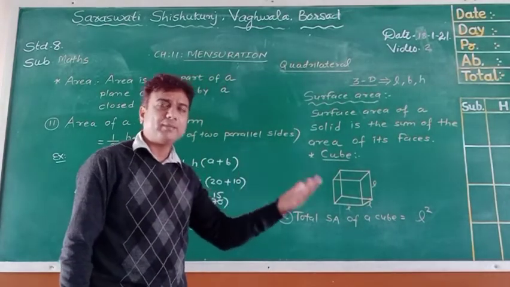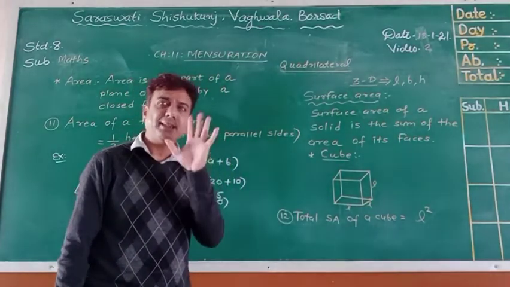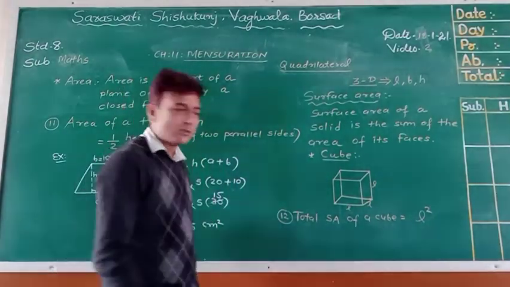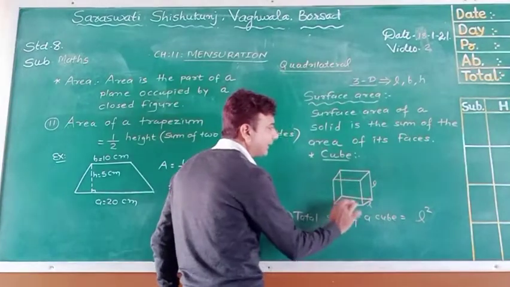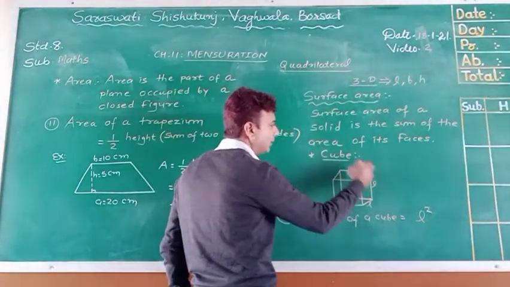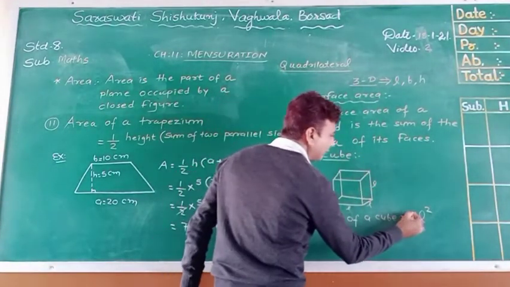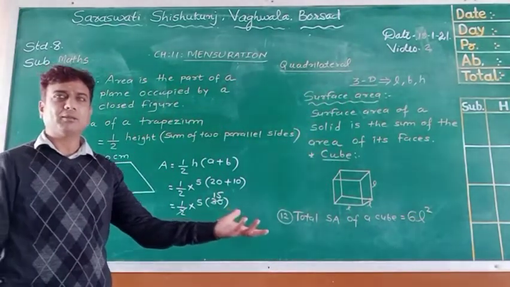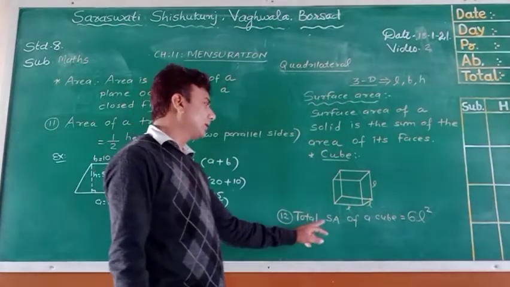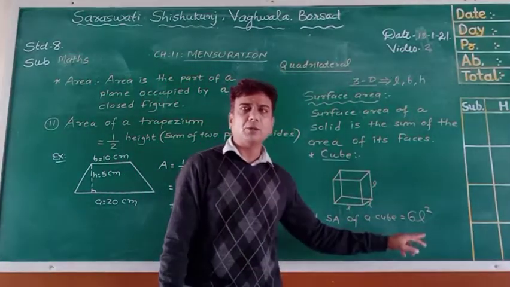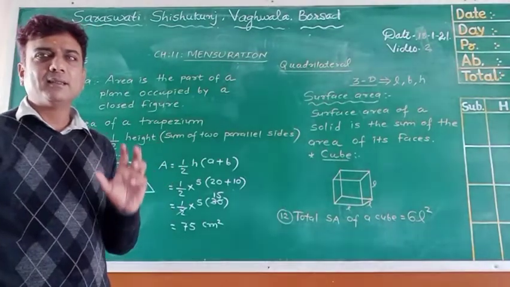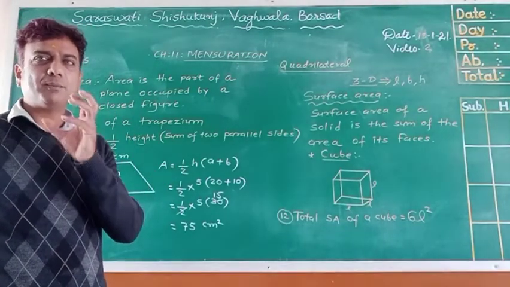And how many faces does it have? It has 6 faces, all equal in shape and measurement. So simply, we can observe 6 squares here: 1, 2, 3, 4, 5, 6. So we simply multiply by 6. Our formula is ready: total surface area of a cube equals 6 L squared. This is the formula to find the surface area of a cube.